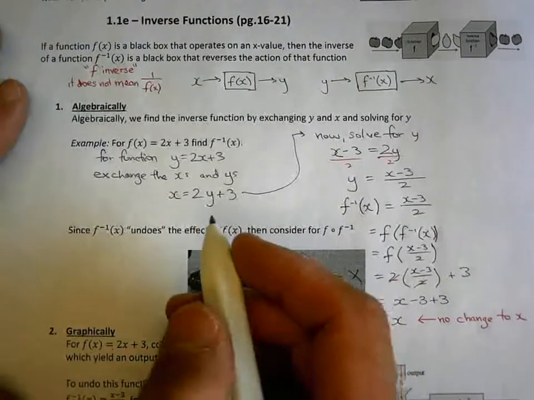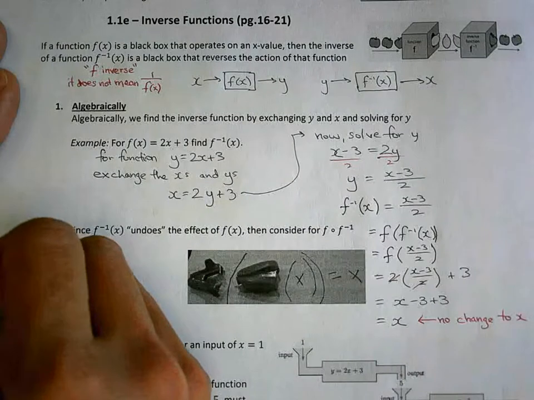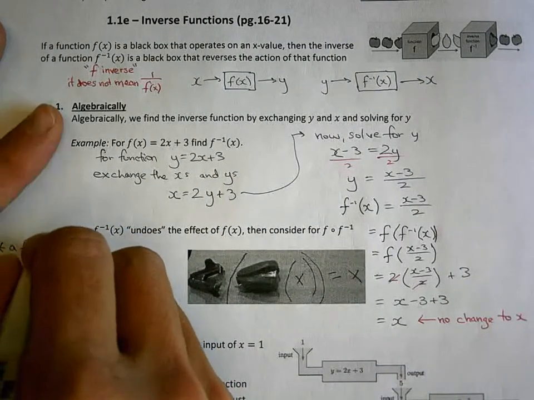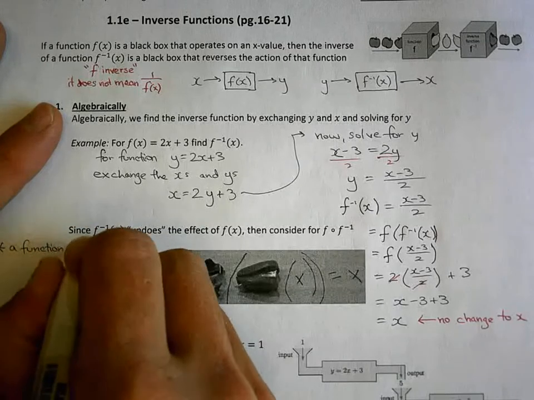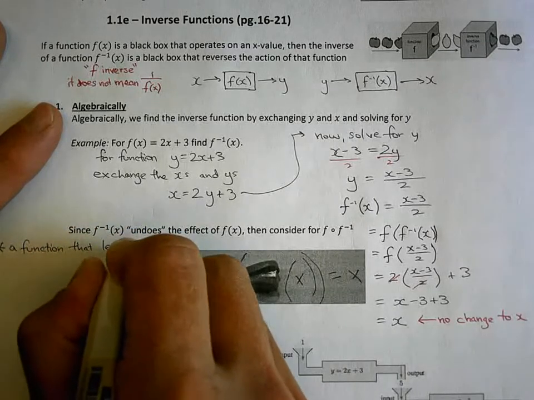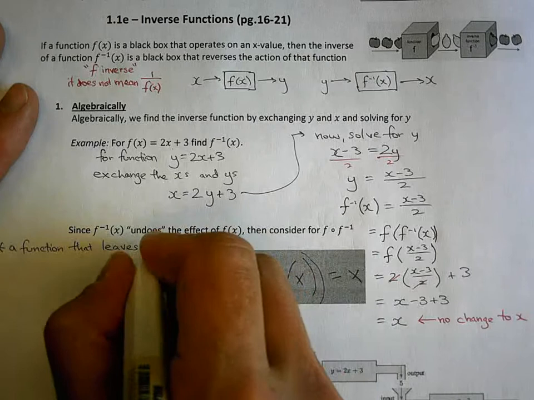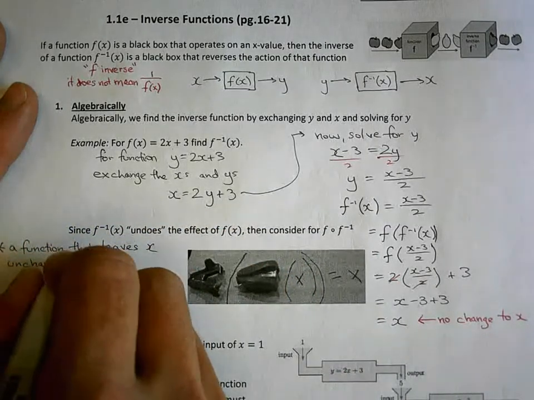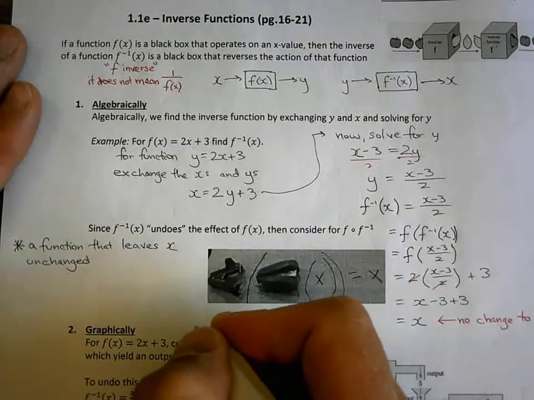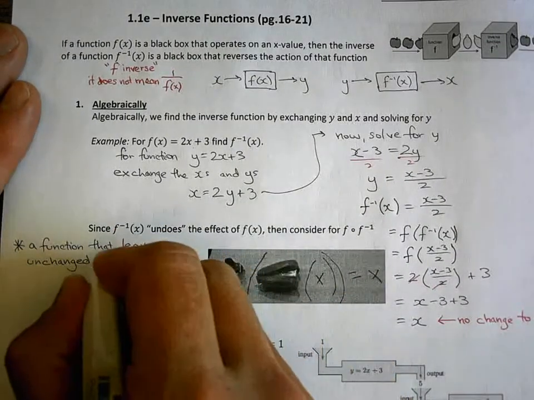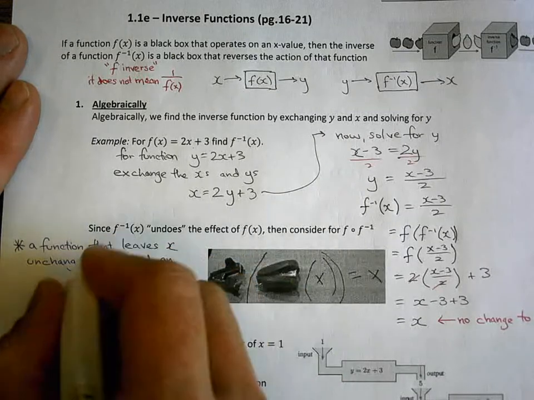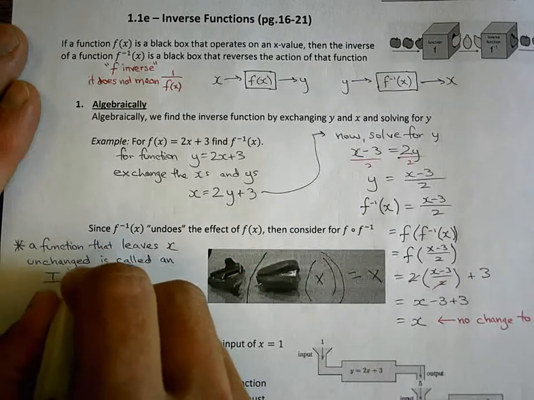IB does stress this little point, but I don't think it comes up too often, but we'll just make a note. A function that leaves x unchanged is called an identity function.